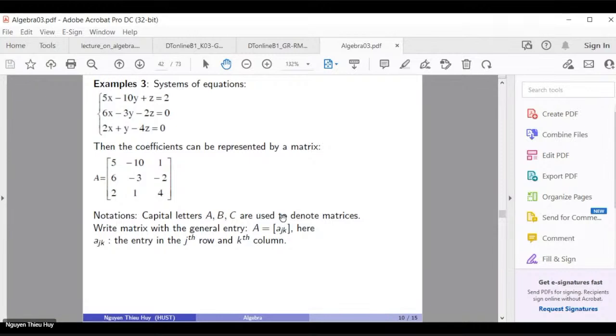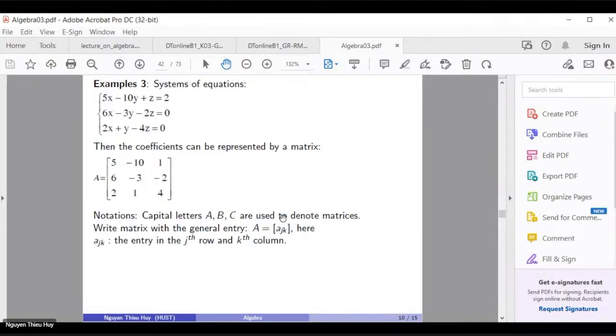This is not a product, but a symbol to indicate the size of the matrix: how many rows and how many columns it has. So you should read it as m by n, not m times n. This is a symbol that indicates the number of rows and number of columns that a matrix has.